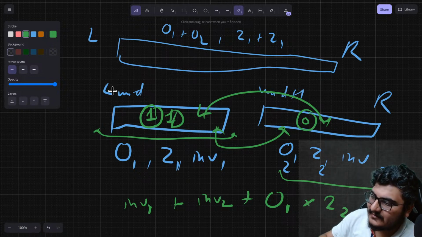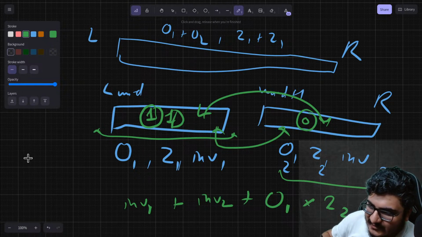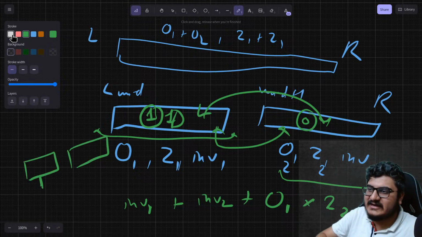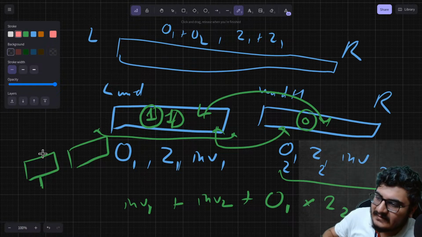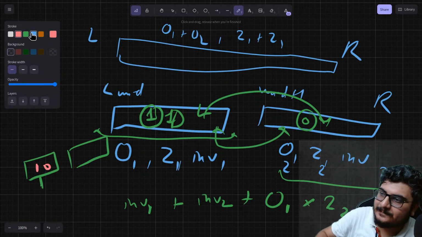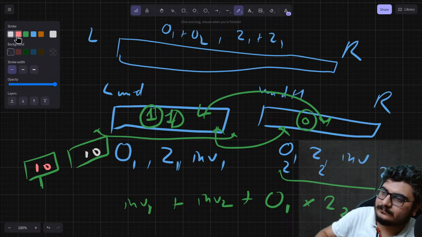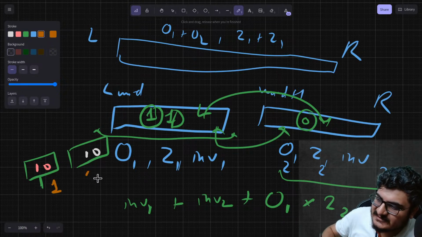Basically, if I want to count the number of inversions in a segment tree, if I know the number of zeros in the left part, how can a segment look? Either 1 and 0 both are present here, or 1 and 0 both are present here, or 1 is present here and 0 is present in this part.